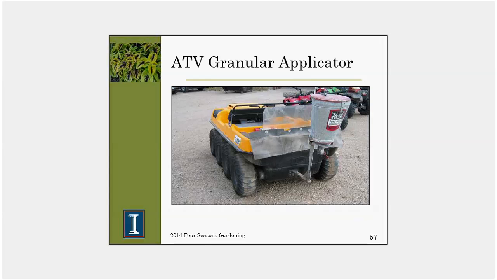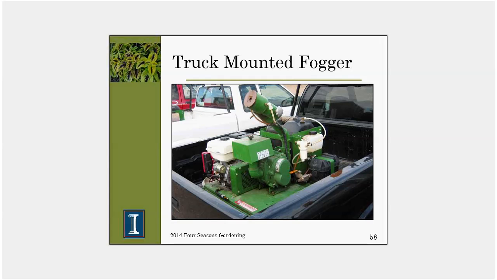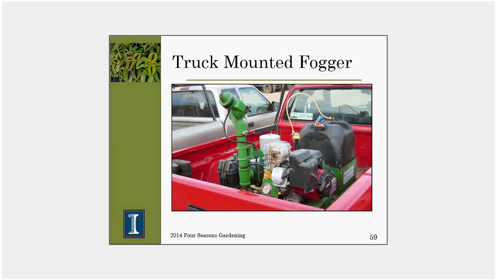There are truck-mounted foggers that will go down streets and spew out the insecticide to kill the adult mosquitoes. We would much rather, and it's more effective, to control the larvae, either by insecticides or by drainage and so on, or biological control, fish, etc.